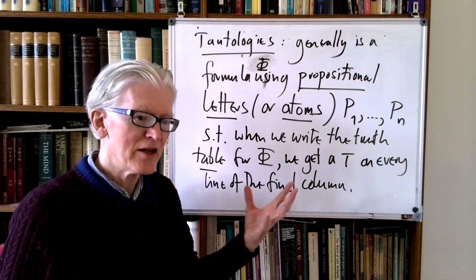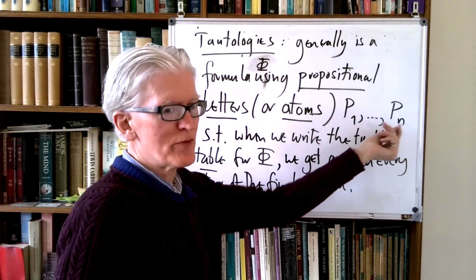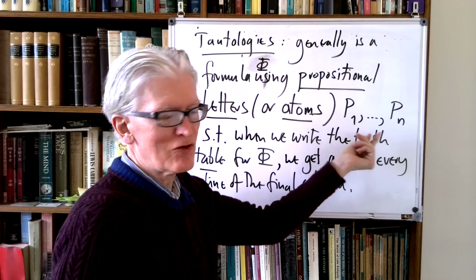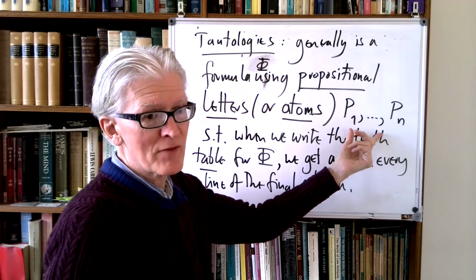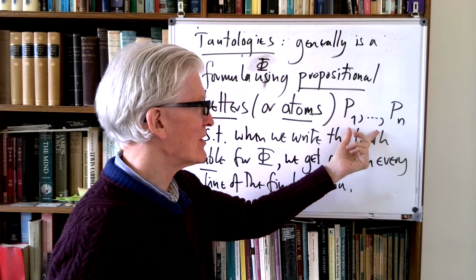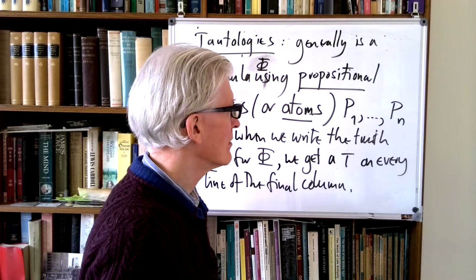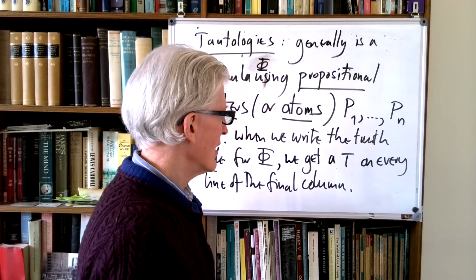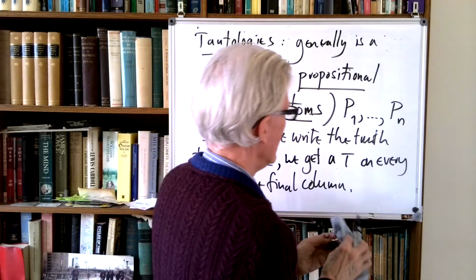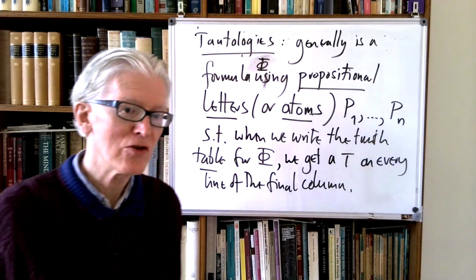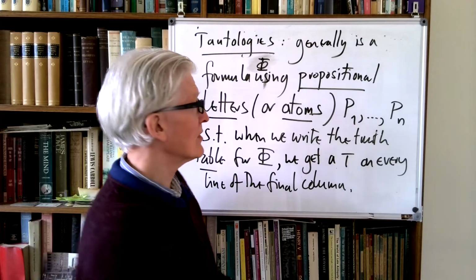So it's going to come out T no matter what distribution of T's and F's, trues and falses, we assign to these propositional atoms here. So this gives us then a class of universal validities in our first order languages.